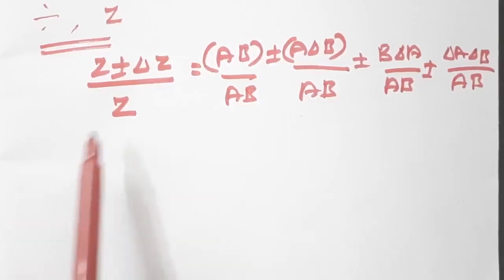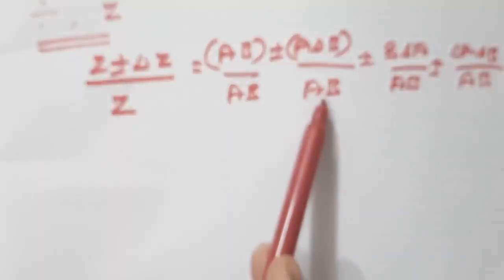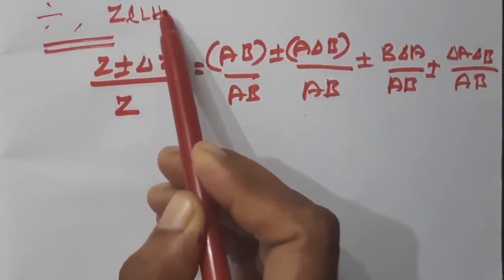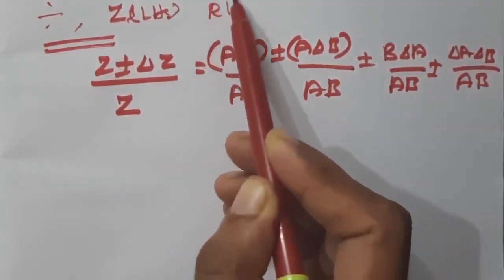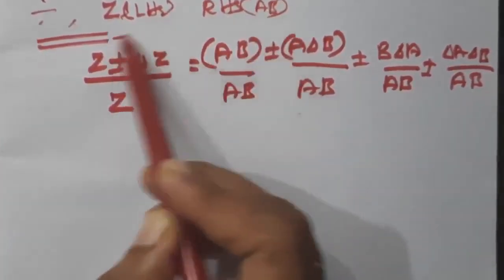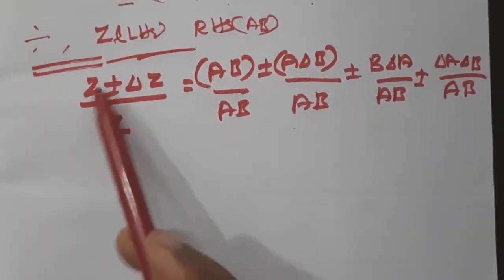Okay. So this side, that is left hand side, we are dividing by Z. Right hand side we are dividing by AB. Z equal to AB. So here Z gets cancelled.